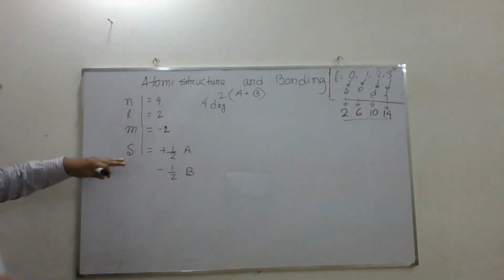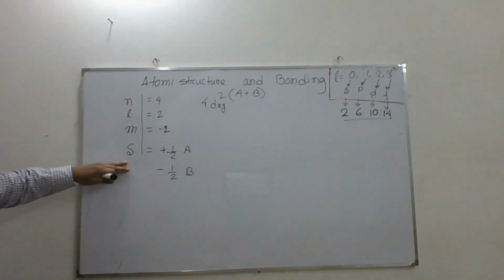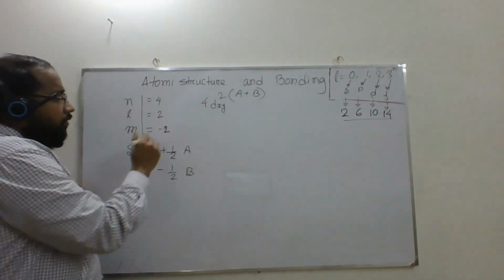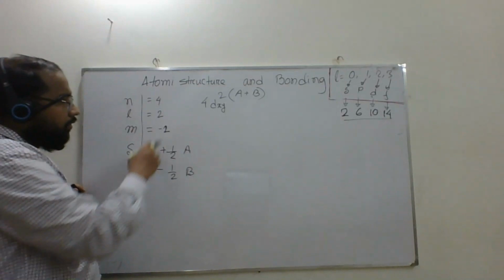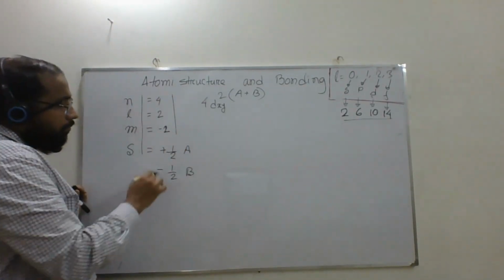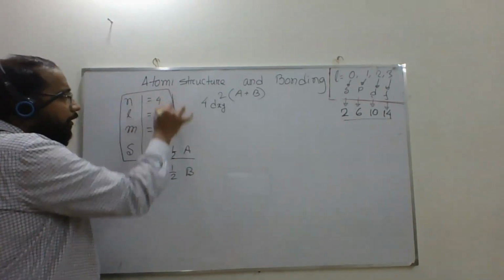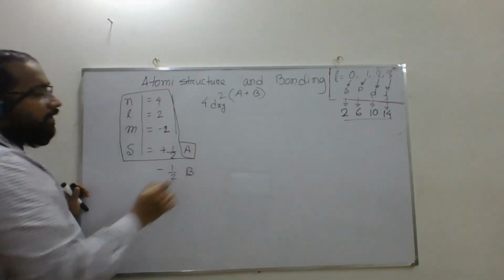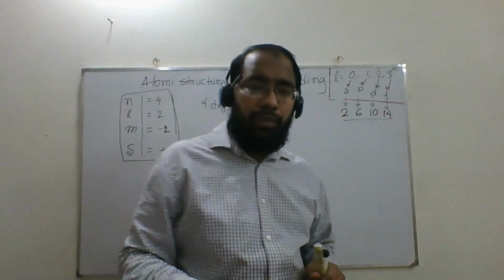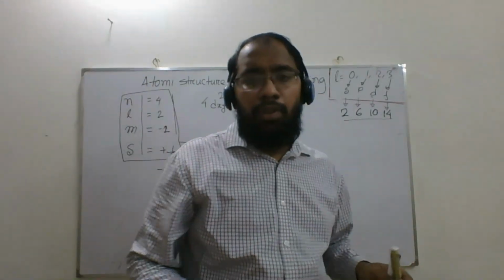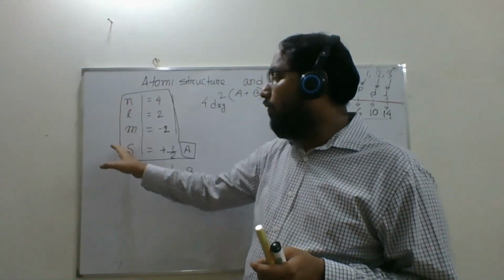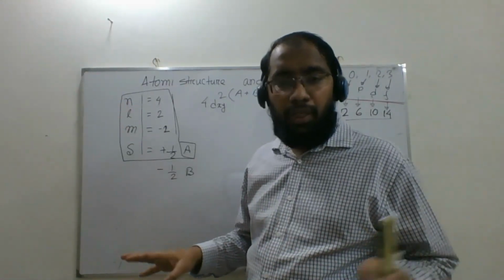I forgot about the s value: s value is always plus half and minus half. So for m equal to -2, these three are the same, but for a and b the spin is different. So even for electrons in the same orbital, the values of all the quantum numbers are different.